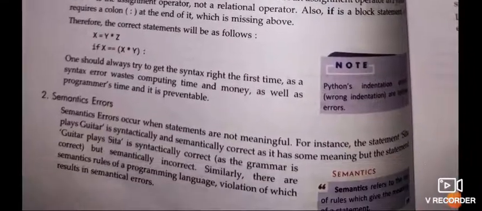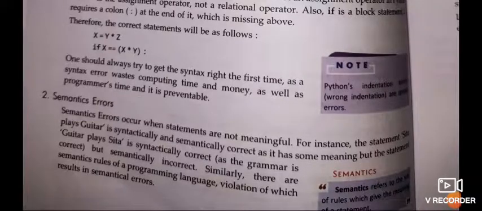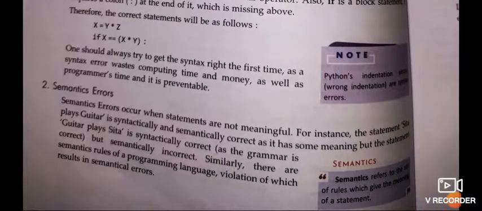Now next is semantic error. A semantic error occurs when statements are not meaningful. Here it is not about the syntax, it is about the statements. If we are not writing the right statement, then it does not give the meaning of a statement. There are semantic rules of a programming language, and violation of these results in a semantic error.